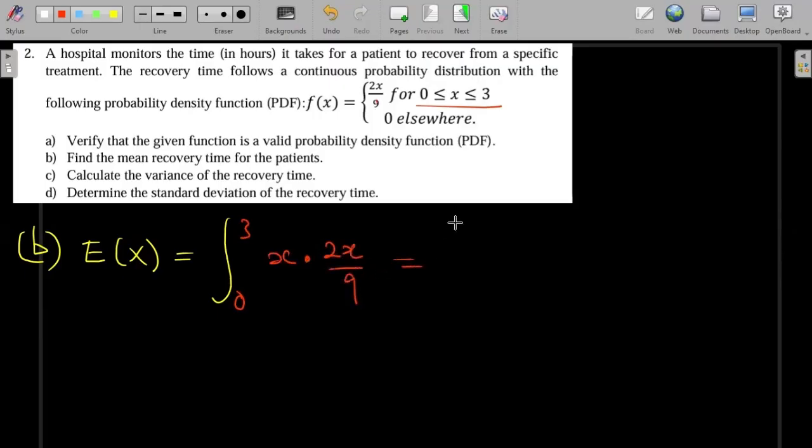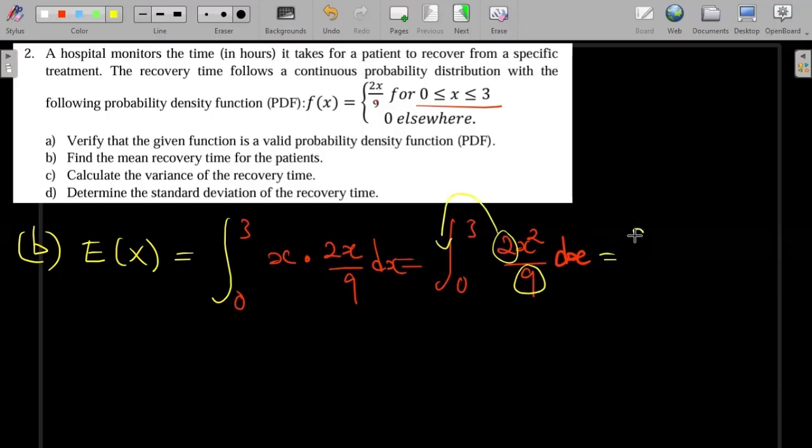So here I have the integral of 0 to 3 of 2x squared divided by 9. You're supposed to put dx, so let's put dx here. By the rules of integrals, we're allowed to take this 2 over 9 in front of the integral.